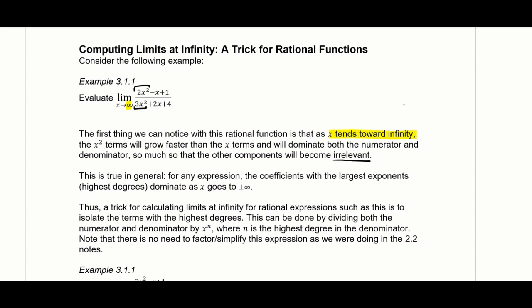And this is true in general, and this gives us a nice little shortcut. For any rational function, the pieces with the largest exponents or the highest degrees are going to dominate as we take a limit at infinity, as x goes to positive or negative infinity. So a nice trick that we can use when we're calculating limits at infinity for rational expressions is to just isolate the terms with the highest degrees. Just look at those.